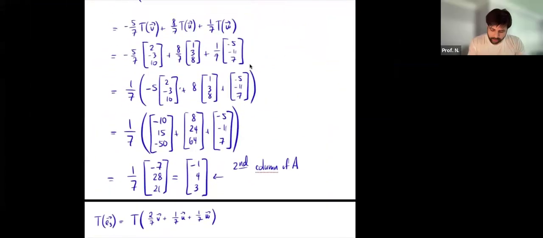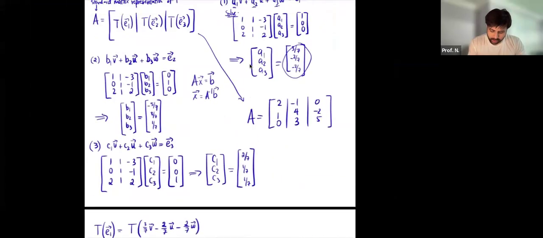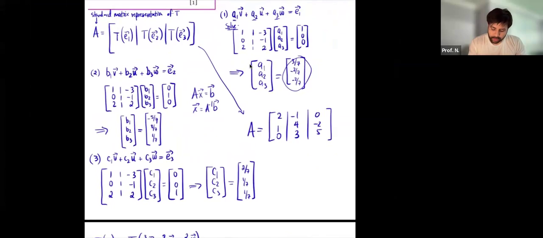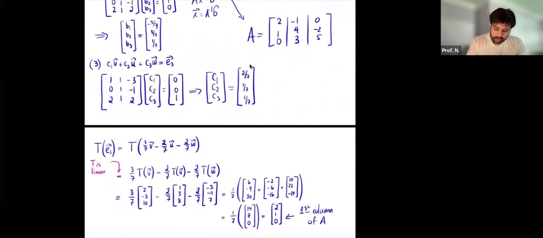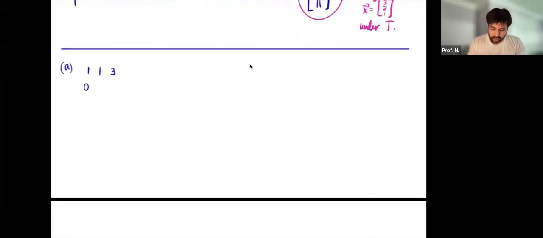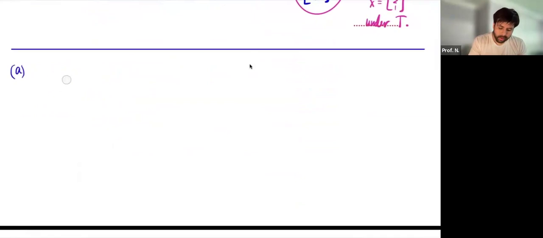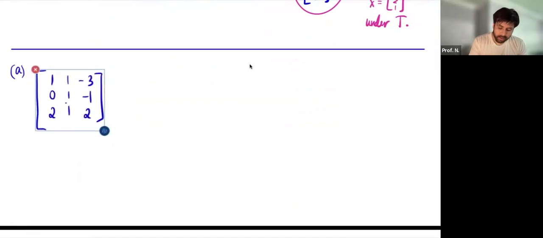So where were we? I'm gonna rewrite the matrix 1, 0. Let me just copy this. Right? And then what was going on?